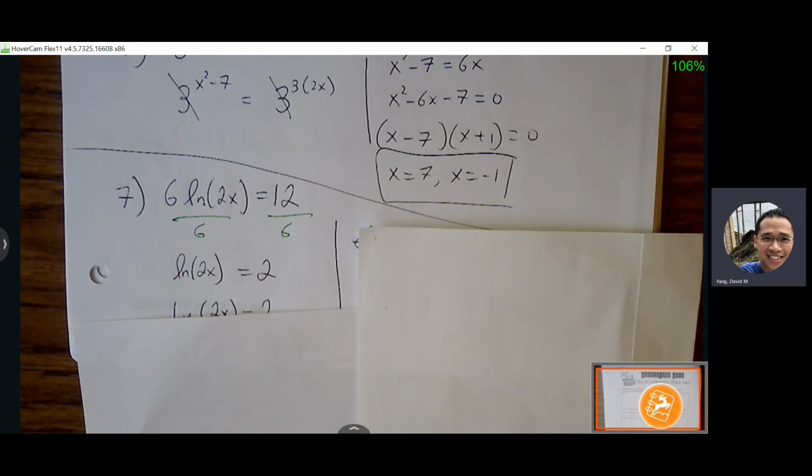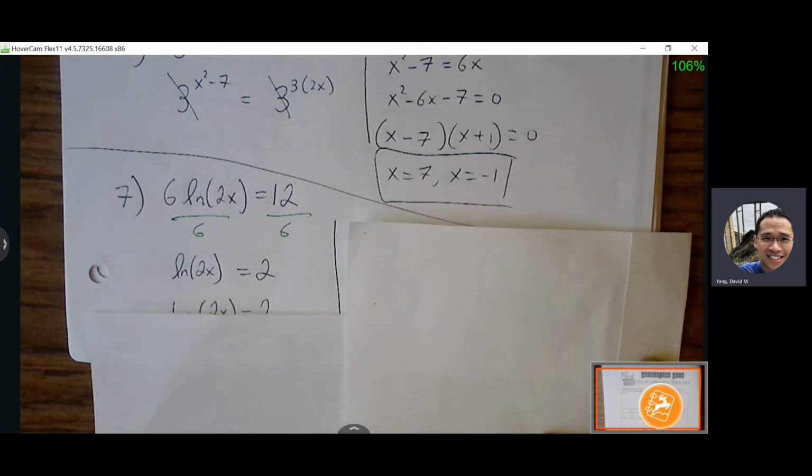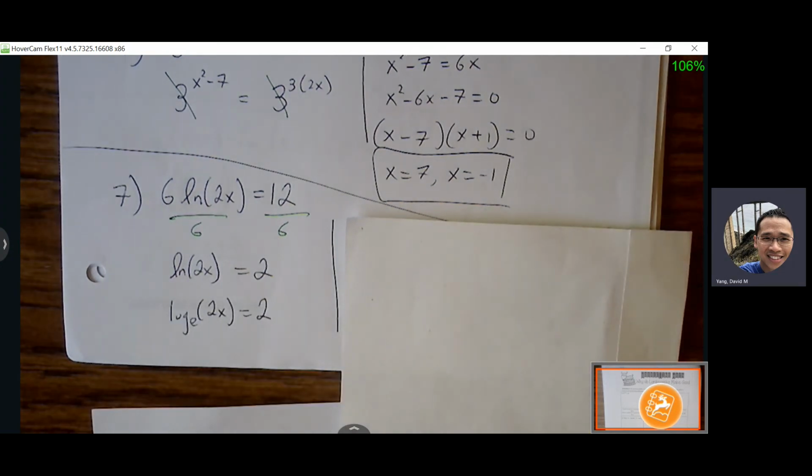How would you rewrite ln? Natural log is the same thing as what? Log base e. Yeah. So once I get that log base e, it's a lot easier, right? You can just go through that process, either raise both sides with e as the base, or convert into exponential form: e to the second equals 2x, right? Going in a circle and picking up your values along the way.